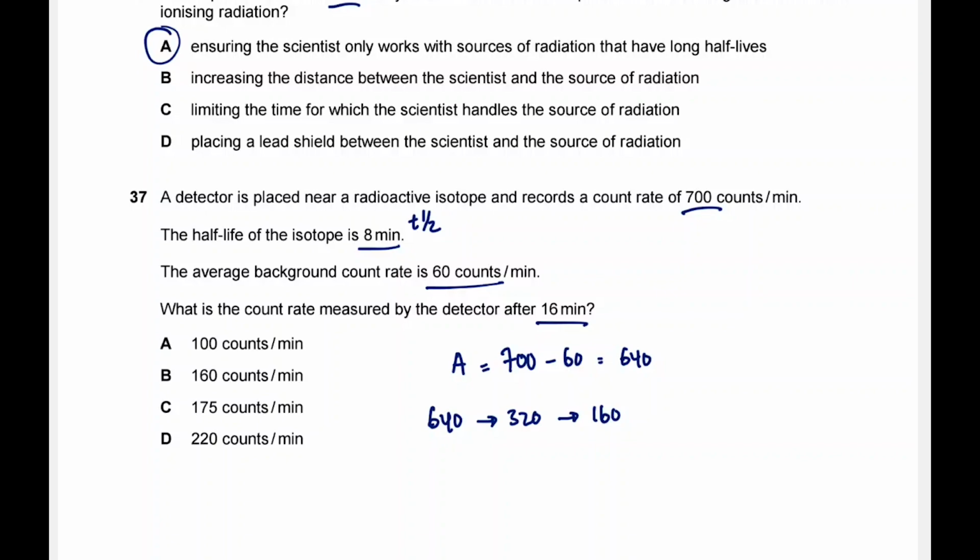This will be the count rate after 16 minutes, but because there is a background radiation of 60, the detector will measure the count rate along with the background. So 160 plus the background radiation 60, so it will be 220 counts per minute. So D.